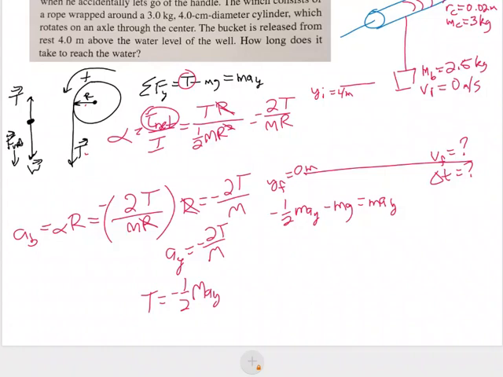This is a big M here. Big M. Okay. Sorry. Now I'm going to solve for acceleration in the y direction.